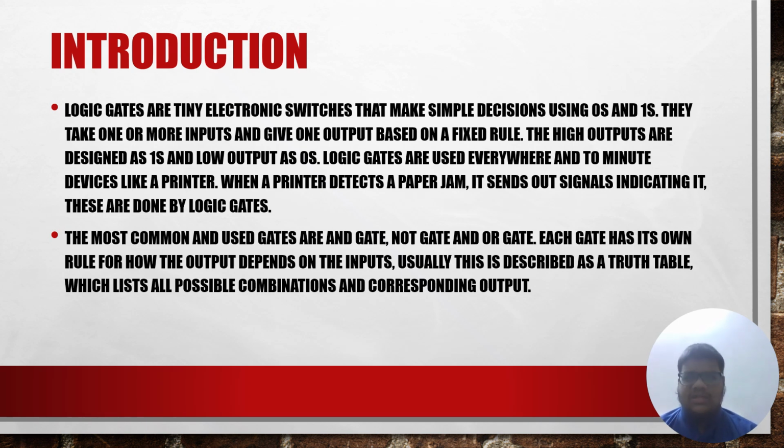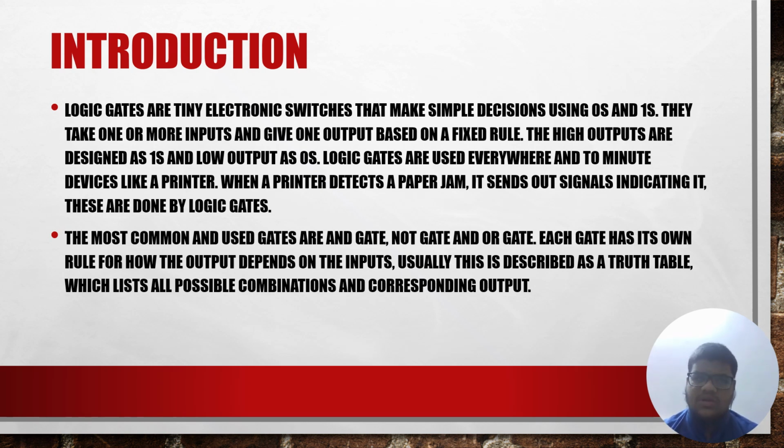Logic gates are tiny electronic switches that make very simple decisions using zeros and ones as their outputs. They take one or more inputs, which in engineering language we call bits, and they give out one output based on a very fixed rule.